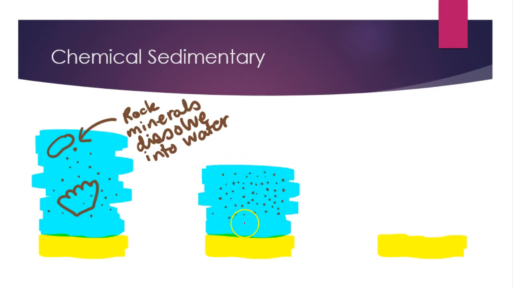As the water evaporates, the minerals that are dissolved into the water start to get more concentrated. And as they do so, they start to then form sediments on the bottom. Now these sediments then start to form very small crystals, sometimes large crystals if they're given enough time to organize, but they precipitate, which means they become solid again.